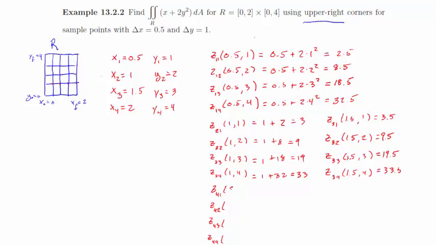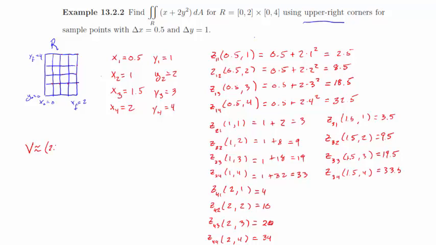So now we have 2 for x, 1, 2, 3, 4 for y, and now we're starting to see we can just add 0.5 to these. We can now get 4, 10, 20, and 34. Okay, and so our volume is now going to be approximately the sum of all these z values.